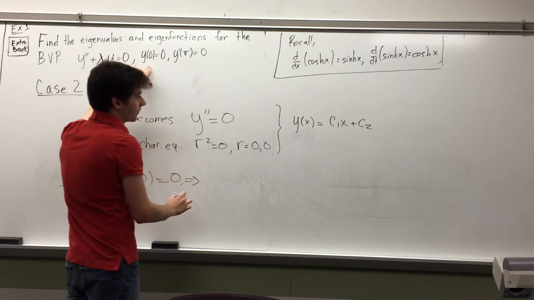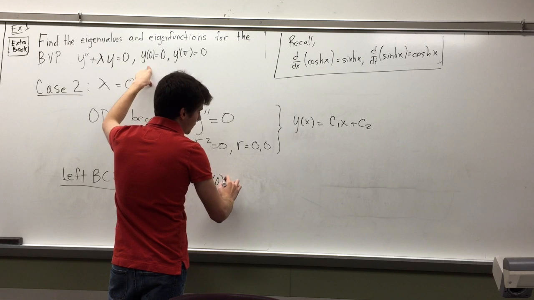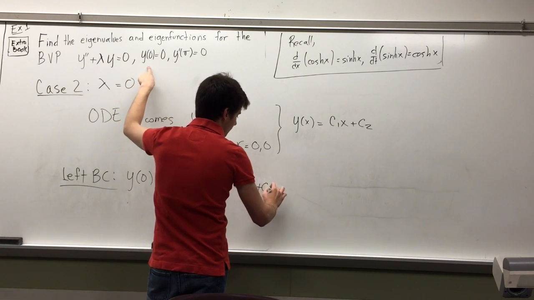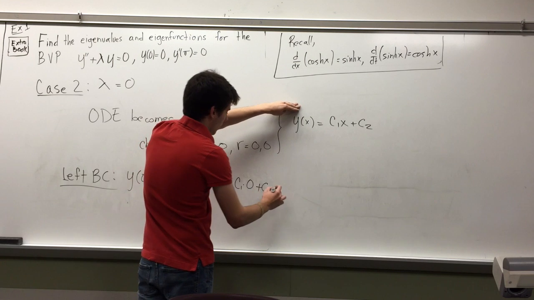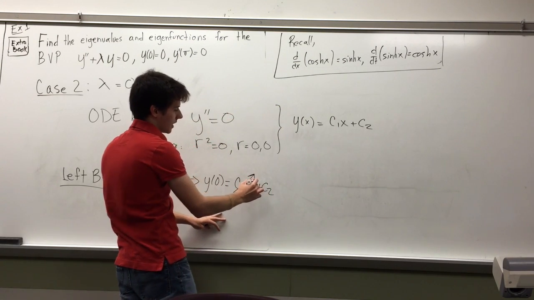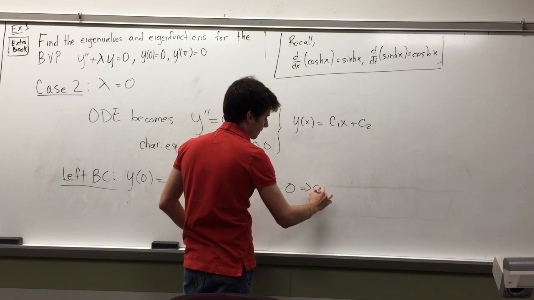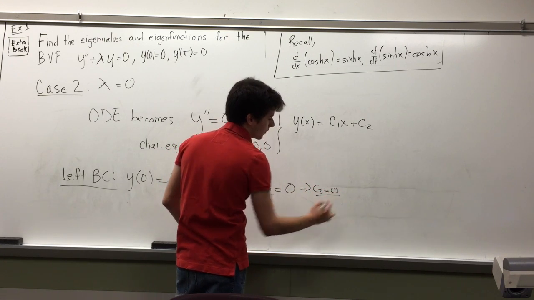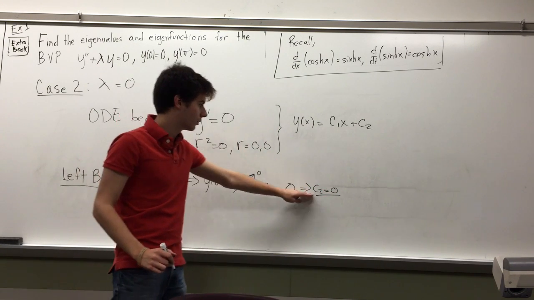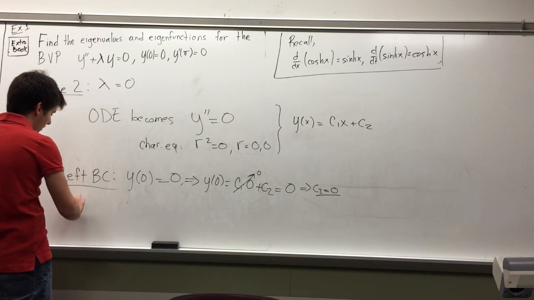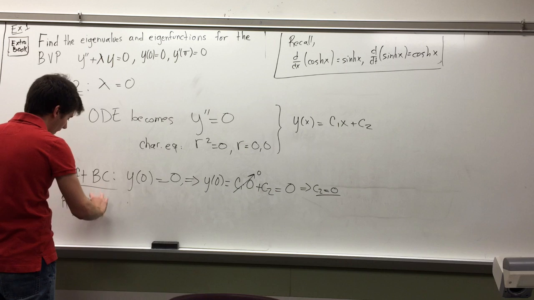So therefore, y of 0 is equal to c1 times 0 plus c2 from here. So c1 times 0 is 0, so we have c2 is equal to 0. So this is what we found in the left boundary condition. What about the right boundary condition?